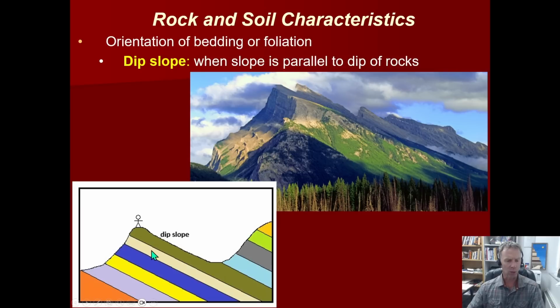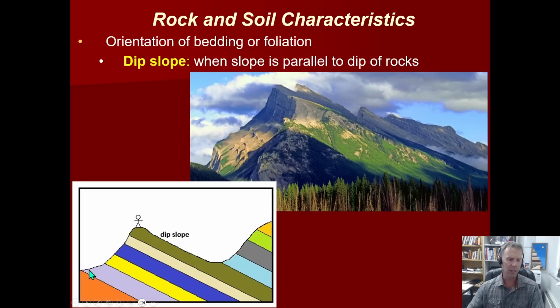Even in rocks like granite, you might get fractures running through the rocks. And if any of these planar fabrics like bedding or foliation or fractures is more or less parallel to the slope, that sets up what we call a dip slope. And these are often sites, or can be sites at least, where slope instability occurs and slopes tend to fail.